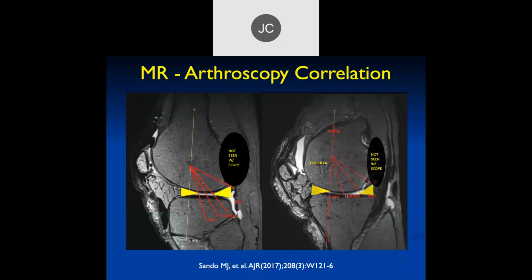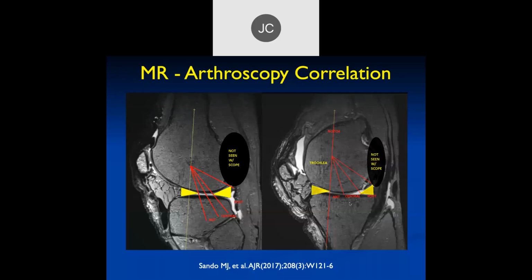The central part was the posterior aspect of the central articular cartilage, and the anterior aspect arthroscopically was actually even short of being adjacent to the meniscus, but in the central part of the knee here. And so this is what was called posterior, central, and anterior at arthroscopy on the lateral side, and this is on the medial side.